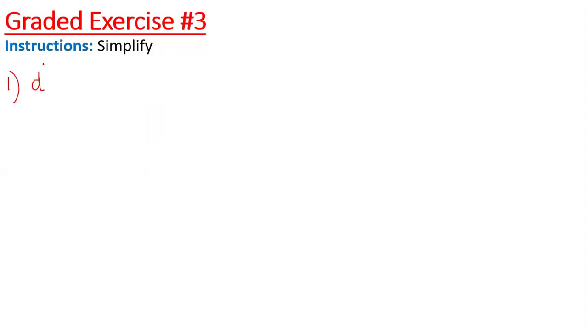Number 3: D to the power of 3 multiplied by G to the power of 2 multiplied by D to the power of 5 multiplied by G to the power of 9.